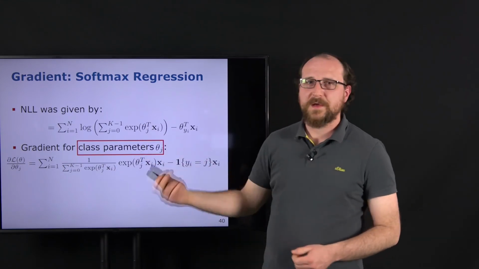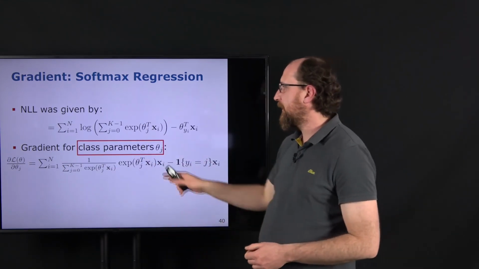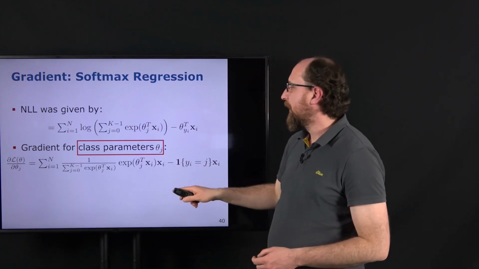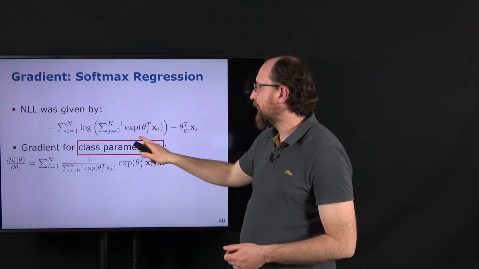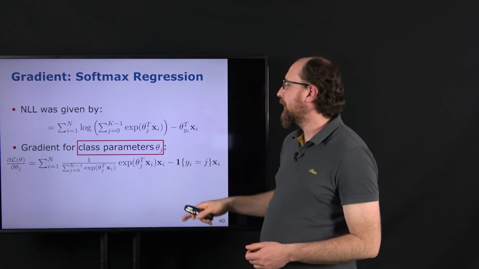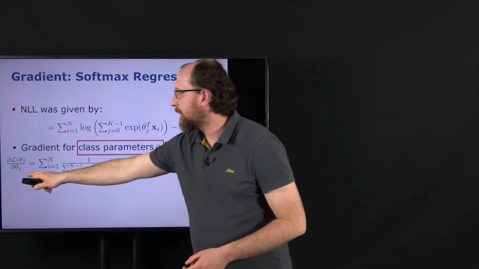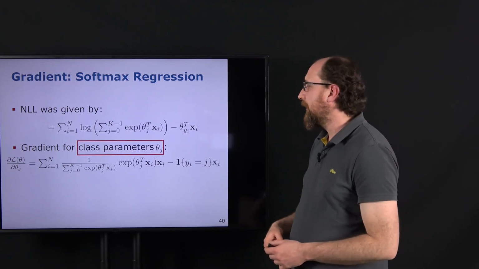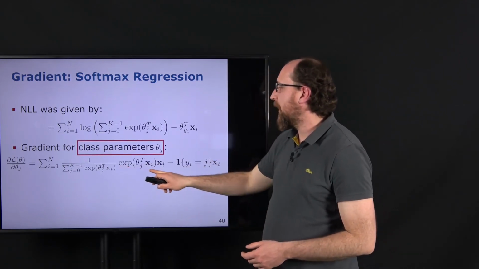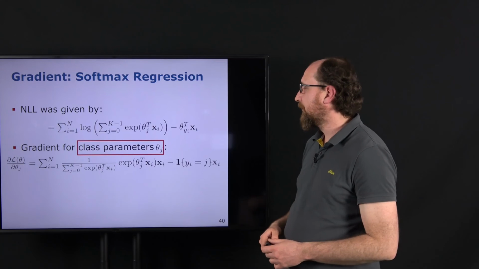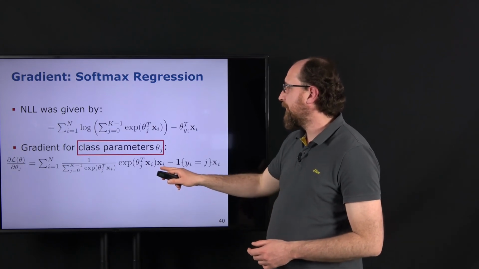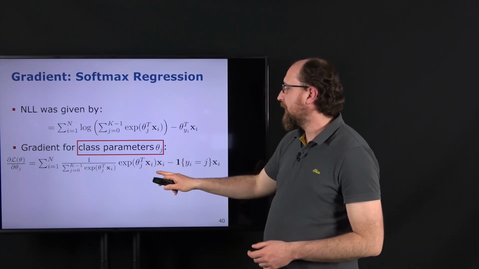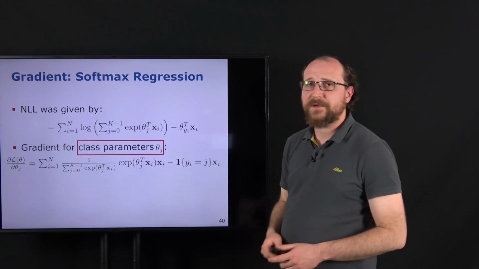Again, the derivative of the logarithm is 1 divided by the term that is inside the logarithm. In this sum, of course, because we have the partial derivative with respect to theta j, we are left with the theta j in this case. And the same when we have just the theta j, in the end it only remains the xi.